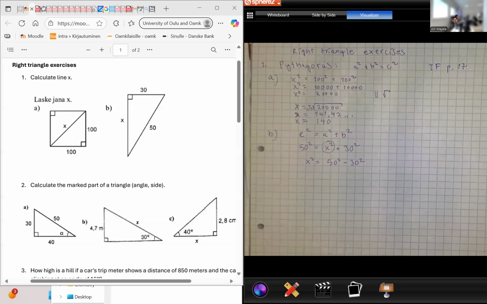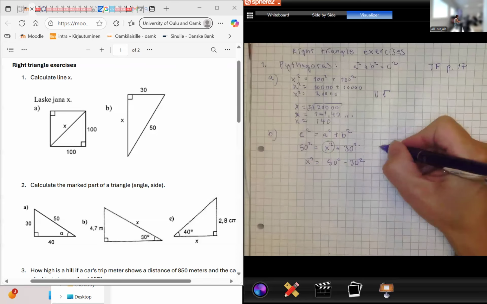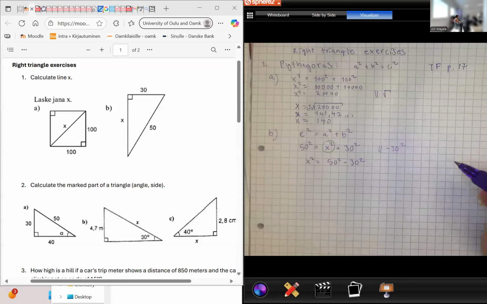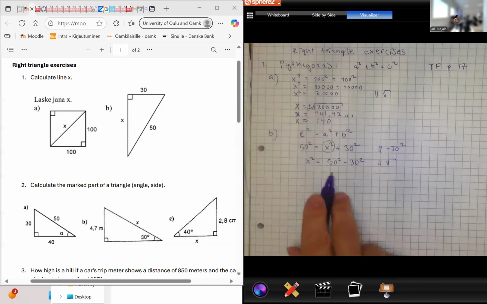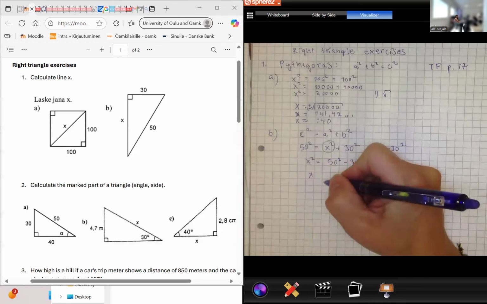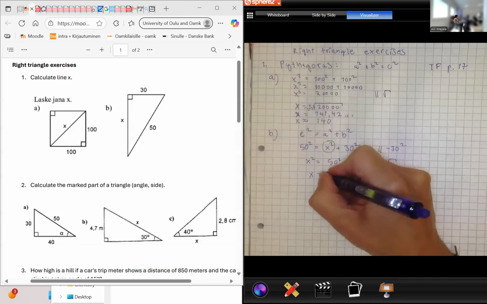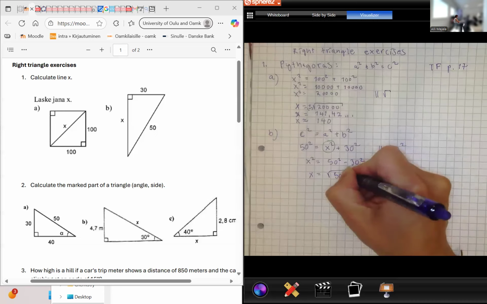So I would have swapped the sides, and I would have also taken that out, because I want the x to be alone, and then I just take the square root. I don't even have to calculate this. I can just do it like that. Take a square root of the whole expression.